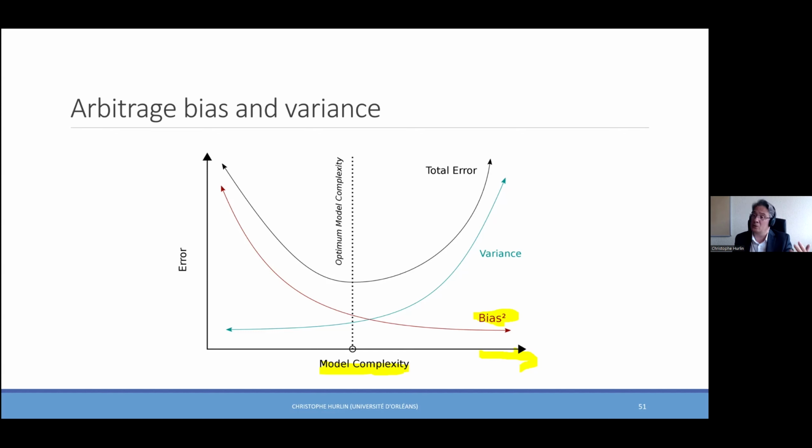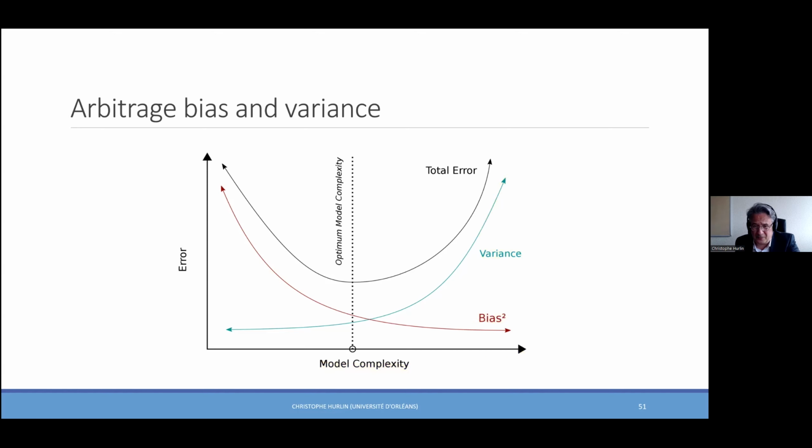But when I use this very complex model on new data, it is not able to generalize. When I compute, for instance, the R squared on a test set, I will have a low R squared. It comes from the fact that the variance of this complex model tends to be high. So increasing the complexity of the model reduces the bias, but increases the variance of your forecast.